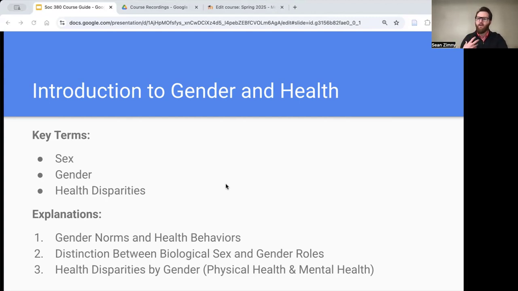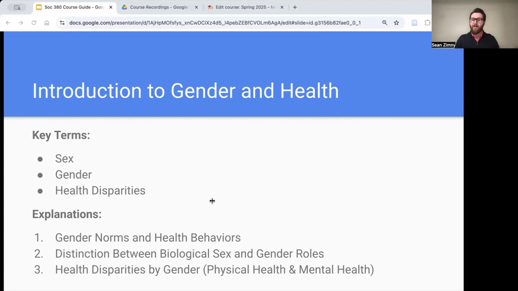Women's health behaviors. So think about how women are often expected to be more nurturing and caregiving, which can then lead them to prioritizing others' health over their own in certain situations. And additionally, societal expectations may lead women to be more health conscious, but also more likely to internalize health issues and seek medical help.